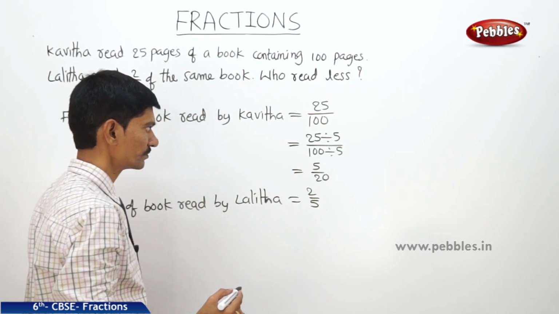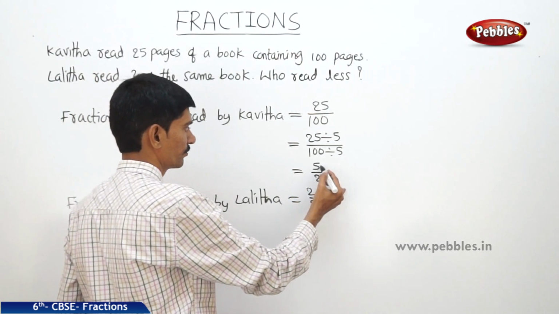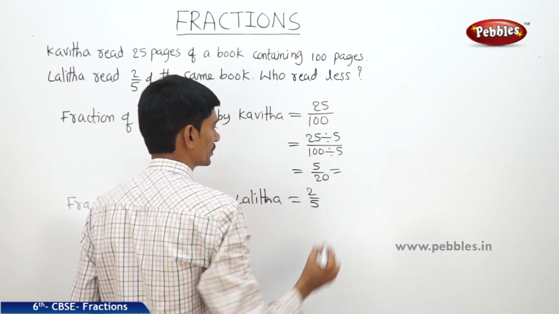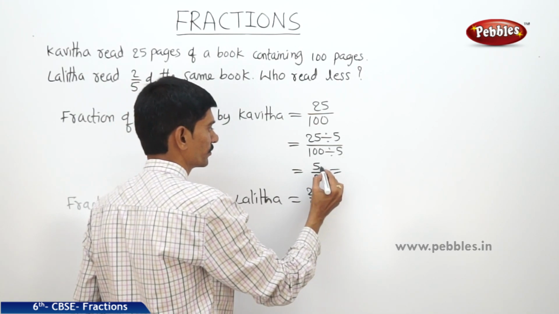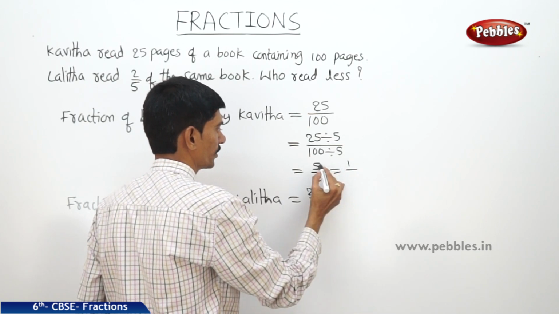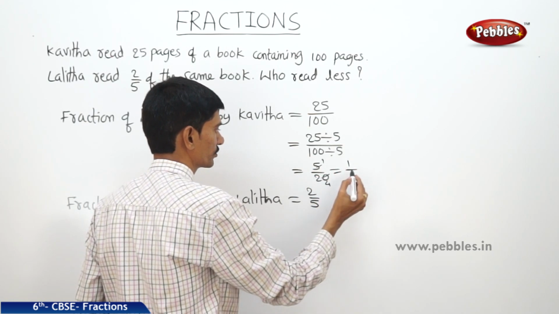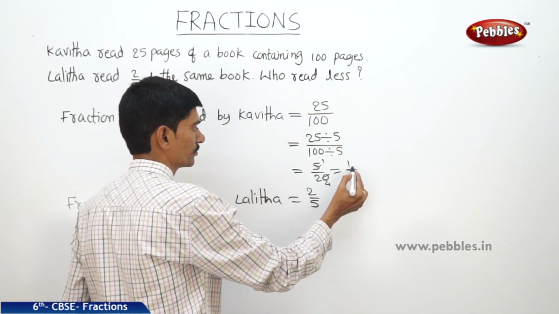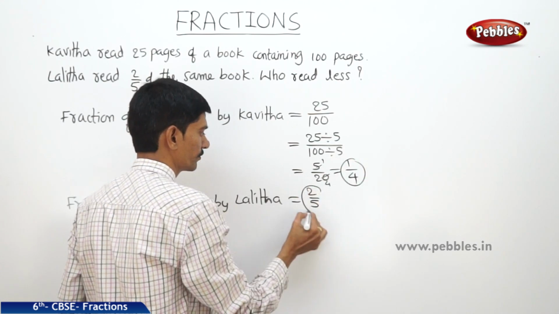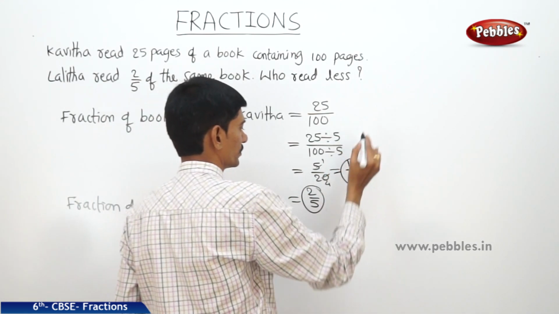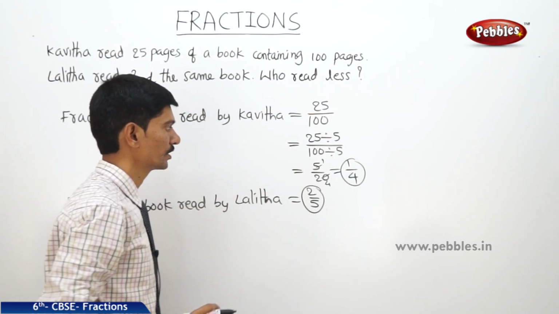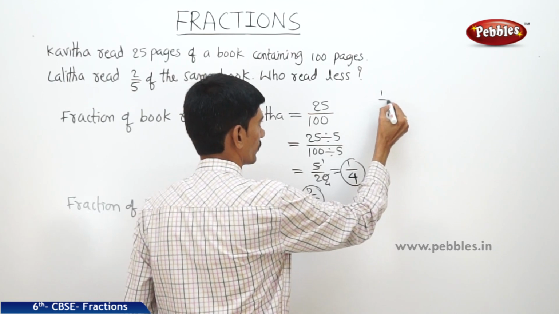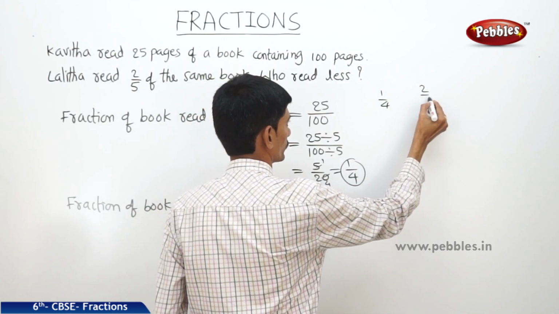So we write 5 by 20 in the simplest form as 1 by 4, since 1 fives are 5 and 5 fours are 20. We cannot compare the fractions 1 by 4 and 2 by 5 directly, because their denominators are not equal. So 1 by 4, 2 by 5.